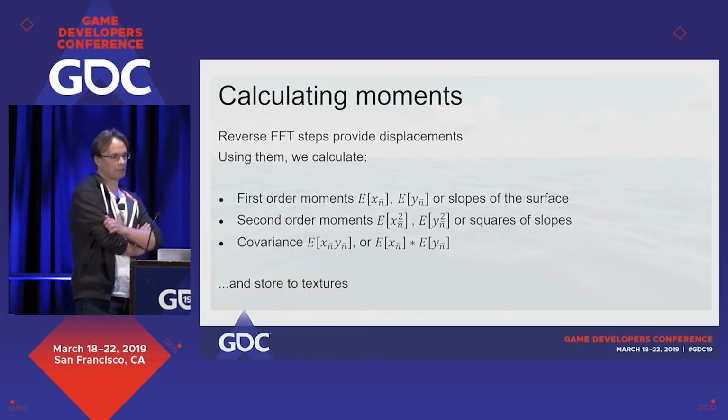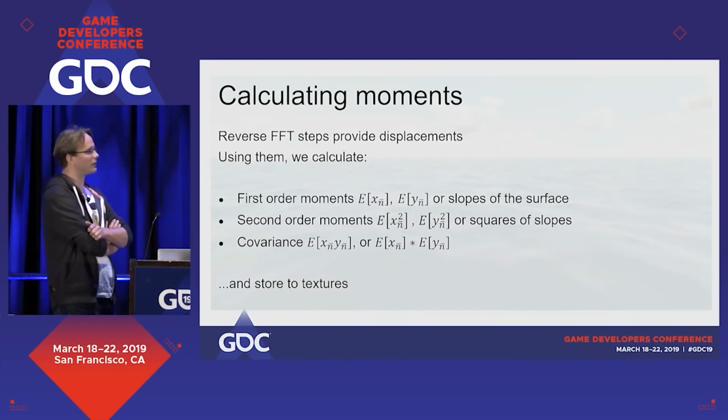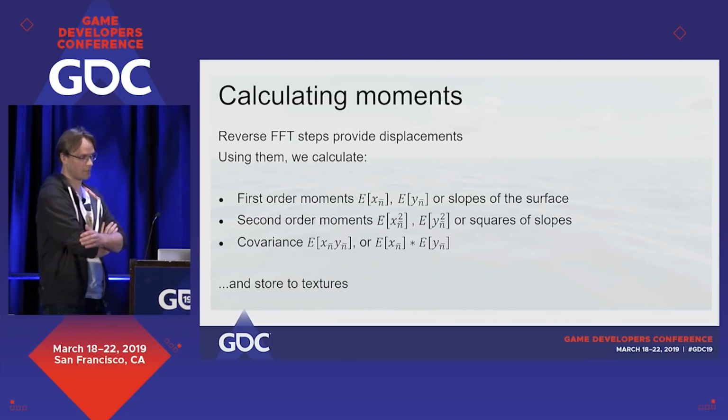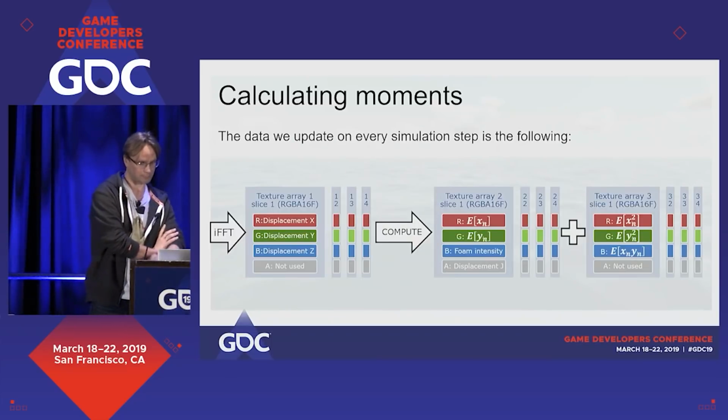So how do we calculate the moments? After we get our displacements using the inverse FFT step, we calculate those first order moments, which are essentially the gradients, the slopes of the ocean surface, and the second order moments, which are essentially the squares of those slopes, and then the covariance, which is just cross multiplication of those. And we just store this in textures, and this is how it looks schematically.